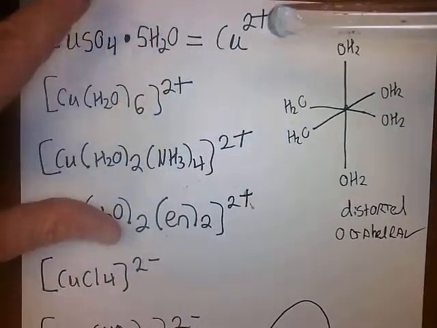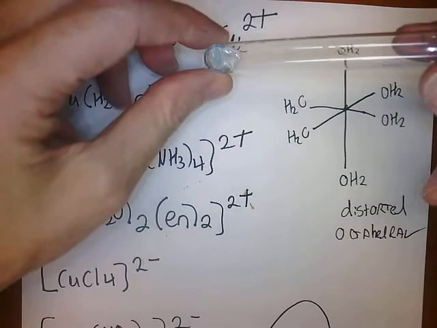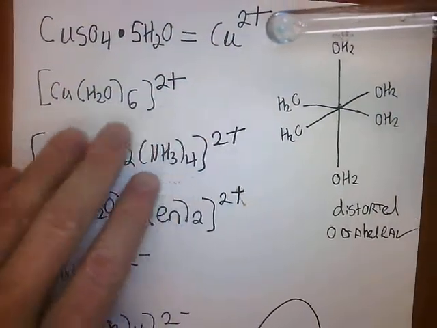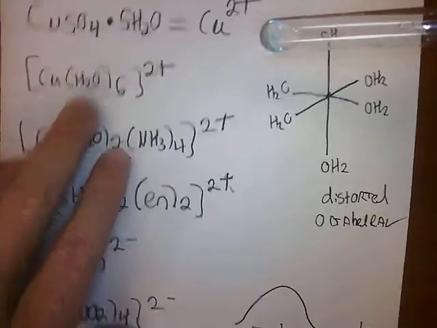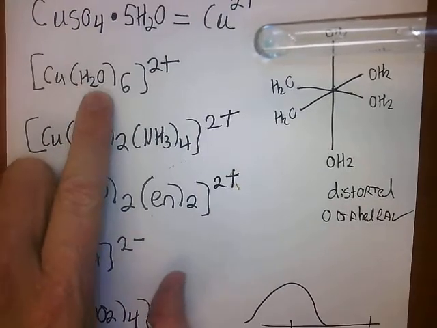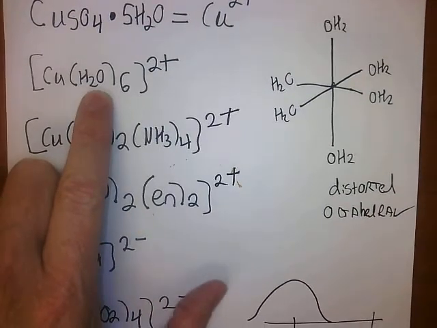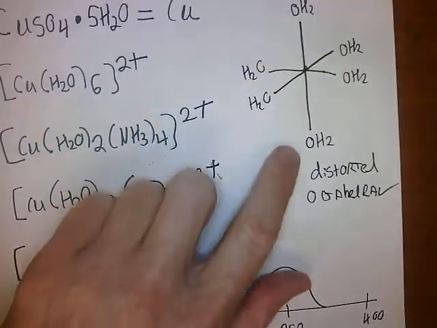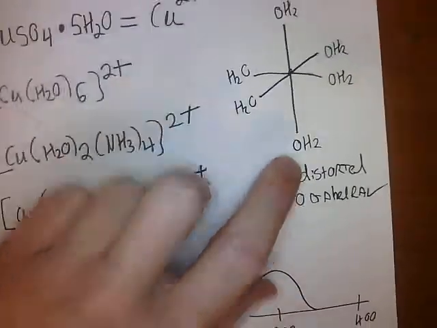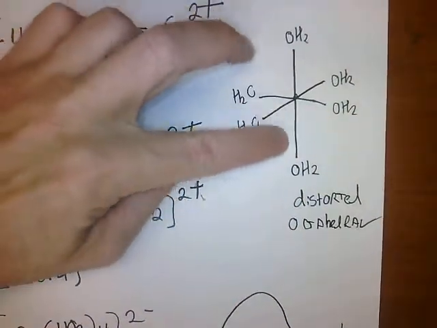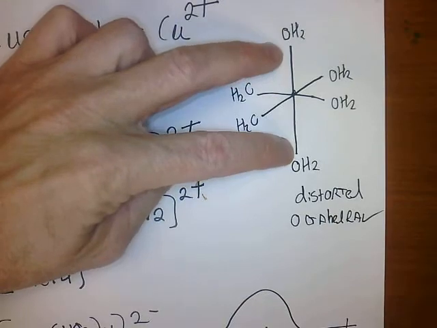Now copper is weird in a couple of ways. The hexaaquo ion, which is what we're forming when we dissolve it in water, is not a perfect octahedron. It's distorted octahedral. 2 of the bonds are definitely longer than the other 2.